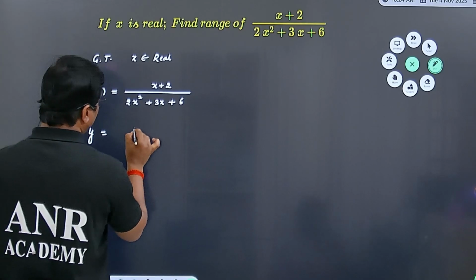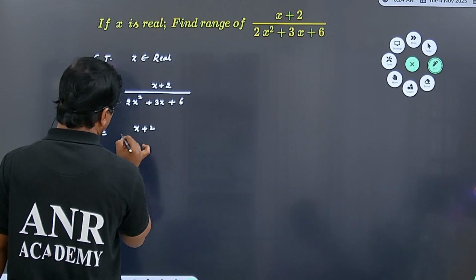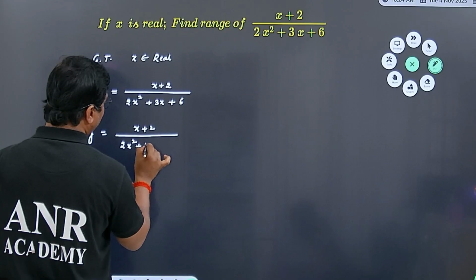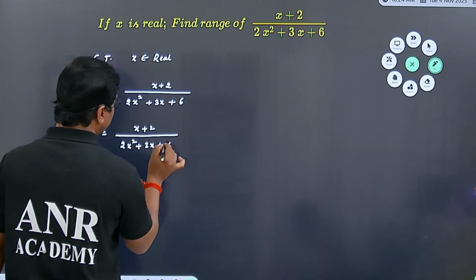So y equal to linear expression x plus 2 divided by second degree 2x square plus 3x plus 6 it is.